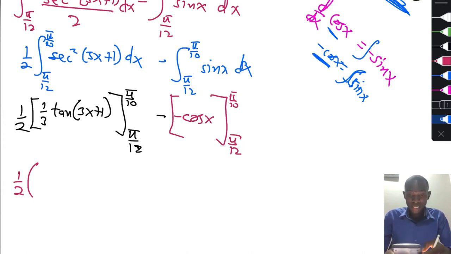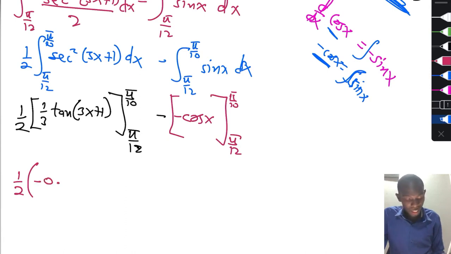Okay, so 1/3 tan 3 pi, I'm going to put pi on 10 there, so I'm going to get 3 pi on 10 plus 1, and that, according to the calculator, I get a very weird value. That's negative 0.8551. I'm going to use just 4 decimal places.